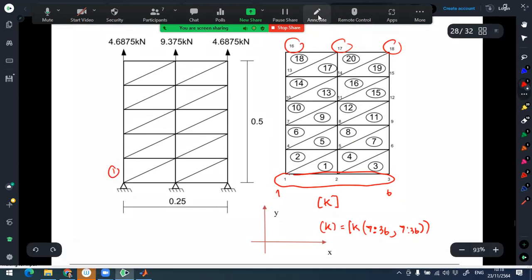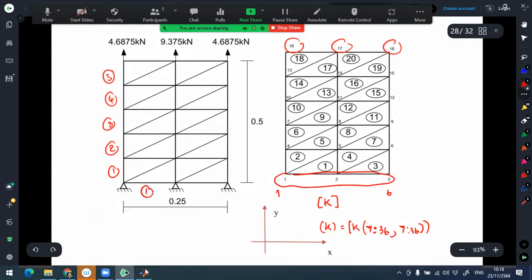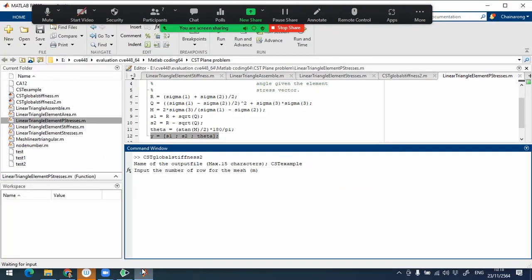This is the first row, second row, third row, fourth row, and the fifth row. We have 5 rows, and we have 2 columns. So for this case, we supply M like 5. All right, M is equal to 5.